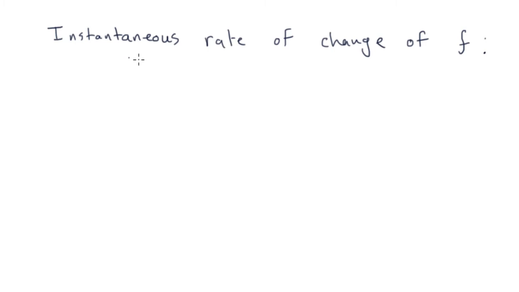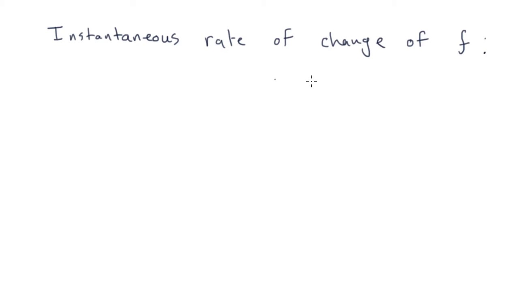So recall that I mentioned with average velocity, so if you like that analogy of average rate of change of a position function being the average velocity, so that's the average velocity over an interval.